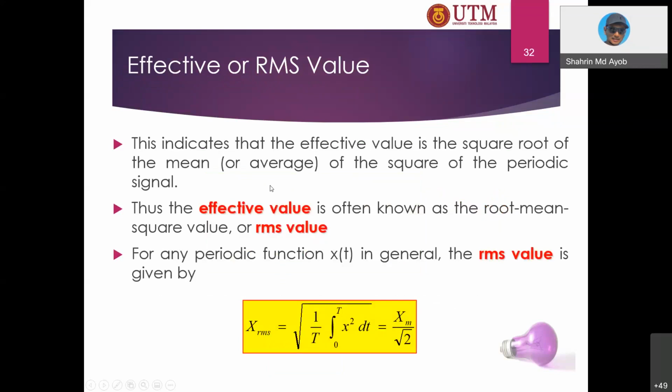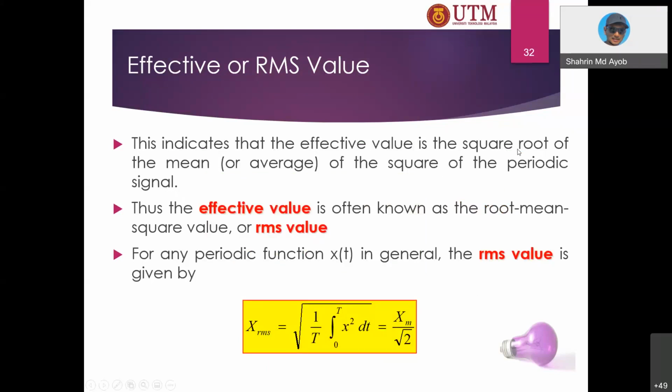This indicates that the effective value of the current and voltage that produce the same amount of DC power is actually the square root of the mean, or the average, of the square of the periodic signals. Oh, quite a long sentence.